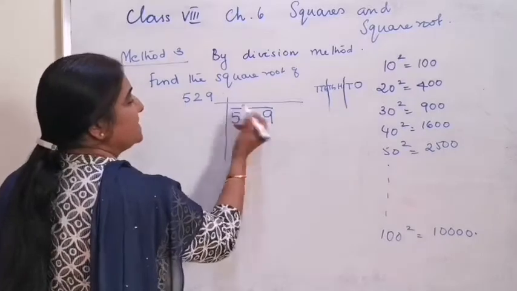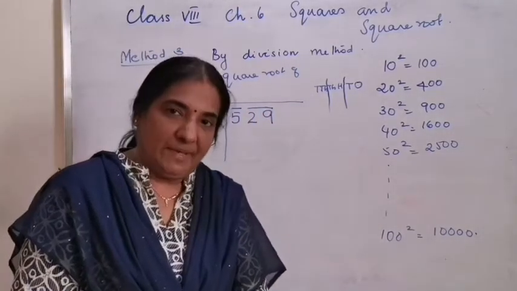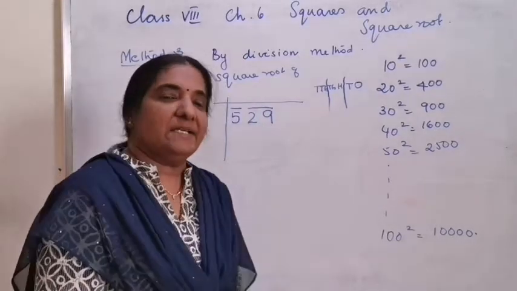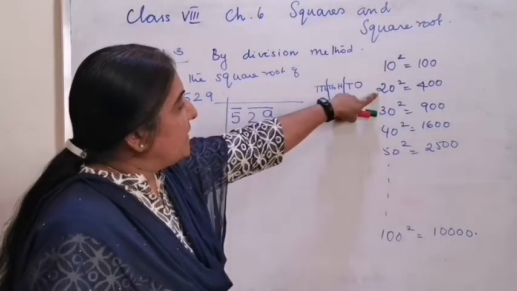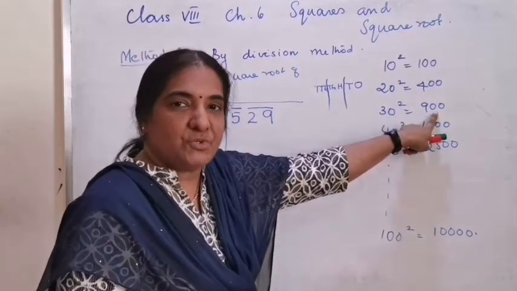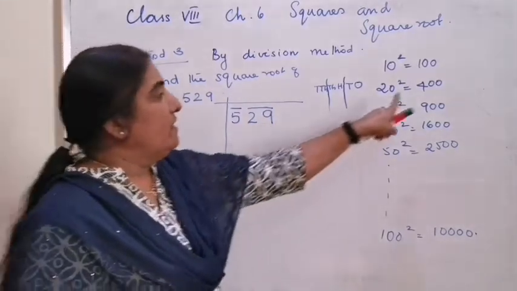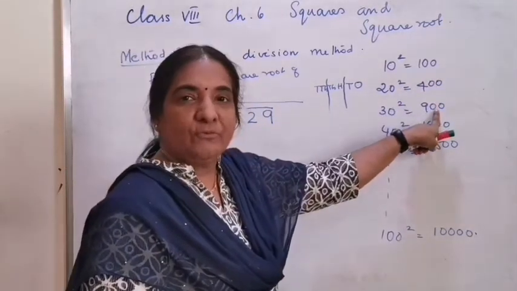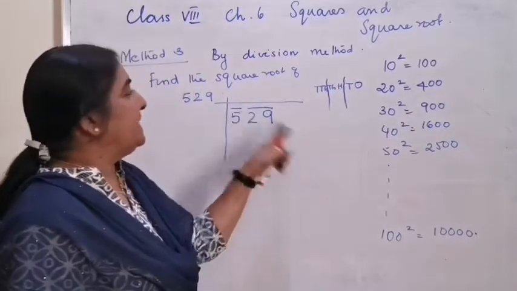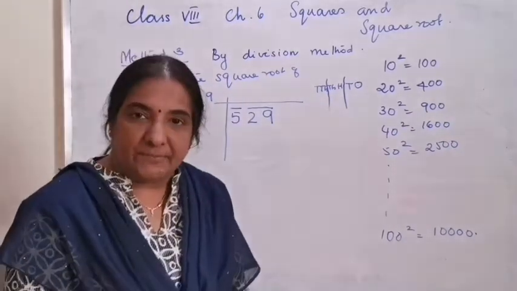In the hundreds column, since there is only one digit, let it be alone as a group. Now, as I told you, 20 square is 400 and 30 square is 900, which shows that 529 is a number between 400 and 900. Therefore, the square root of 529 will be an answer between 20 and 30.